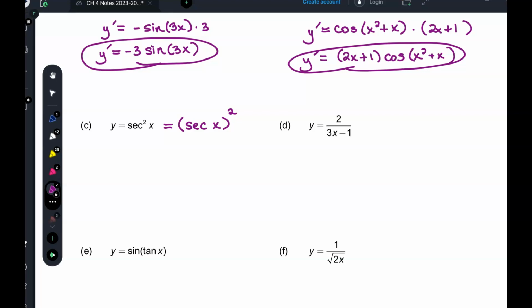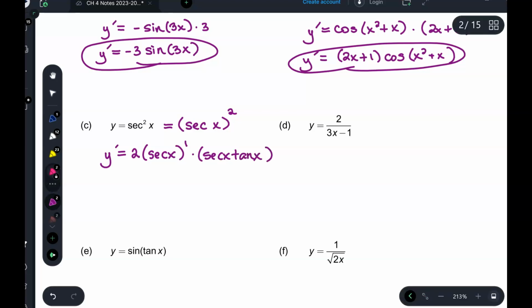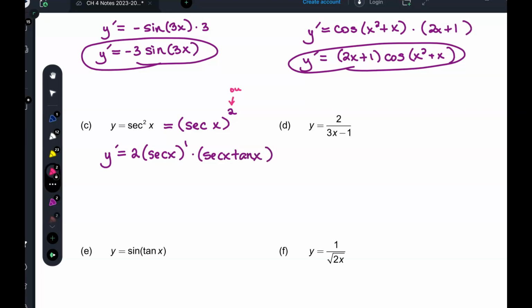So it's going to be 2 secant x to the first times derivative of secant, which is secant tangent. Wait, so which one is the inside and which one is the outside? Okay, in this case, 2 is the outside, and the secant this time is inside.